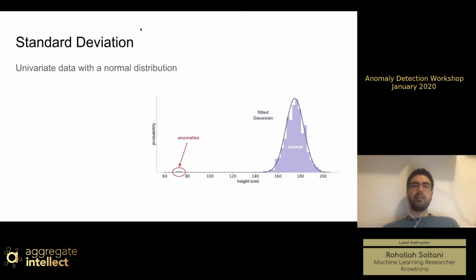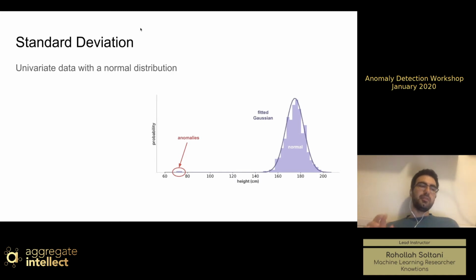So just by fitting the Gaussian, or just finding the average and the standard deviation, you should be able to find anomalies, which are things that are not normal, or rare, or different. Using that technique, you should be able to find the global anomaly that I mentioned, a number which is not similar to the rest of the numbers.